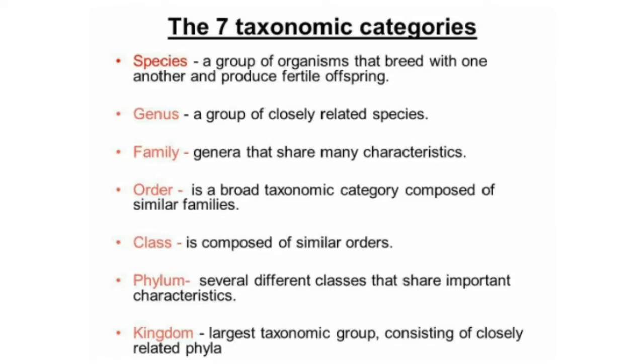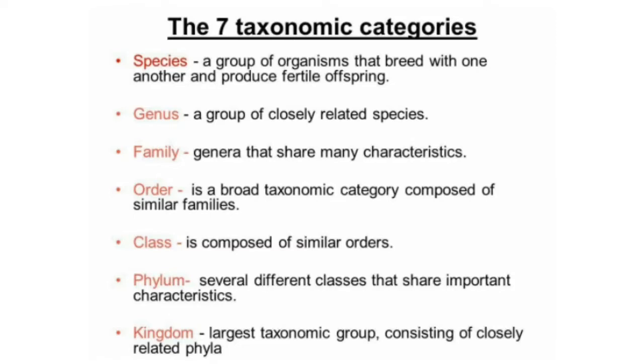The second one we talk about is genus. The genus comprises a group of related species which have more characters in common in comparison to species of other genera. We can say that genera are aggregates of closely related species. Right, this is what we can say about the genus.